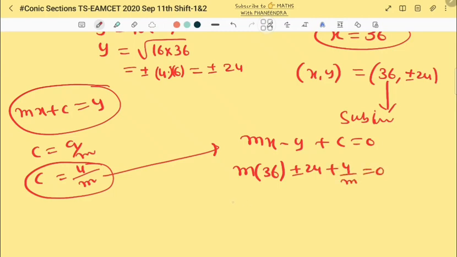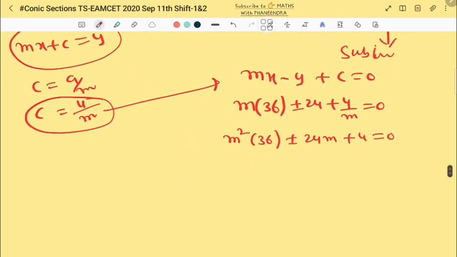If you take it, 36 m square plus or minus 24 m plus 4 equal to 0. All are multiples of 4, so 9m square plus or minus 6m plus 1 equal to 0. So it is a quadratic equation in m.